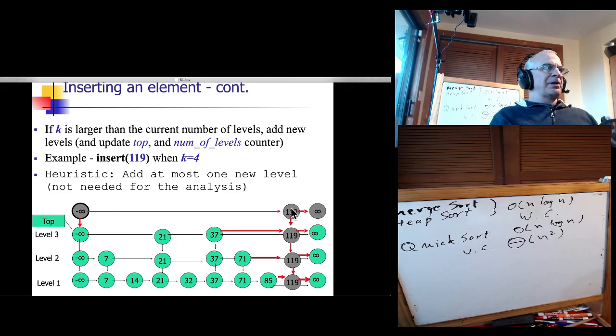I'm adding more levels because K happens to be 4 and I only had 3, so I am opening a new level for one of the copies of 119. Possibly more than 1, possibly a lot, whatever K tells me. And each new level contains a minus infinity and infinity, as usual. It's a beginning and the end, and of course the newcomer, 119.